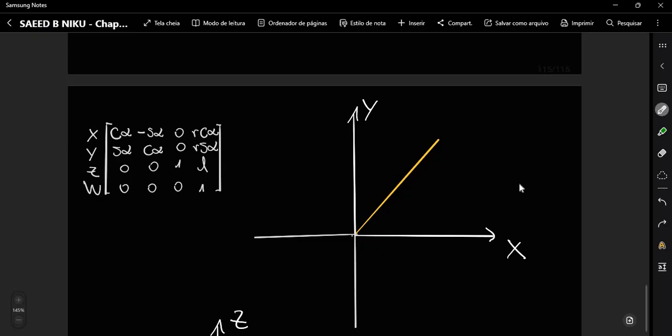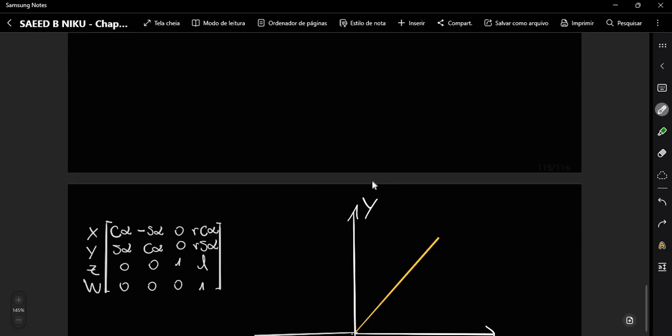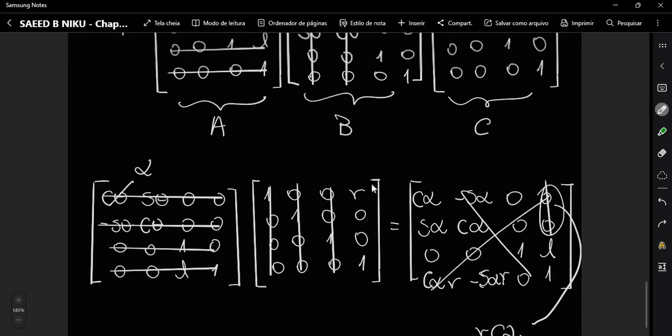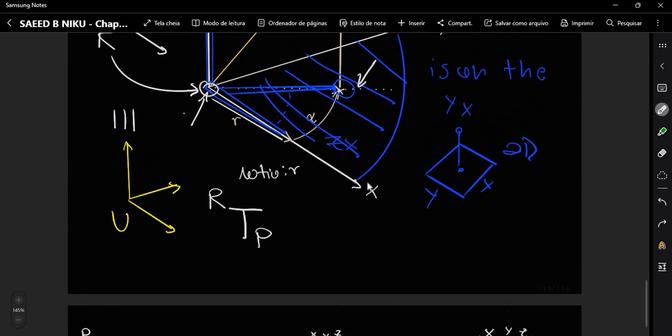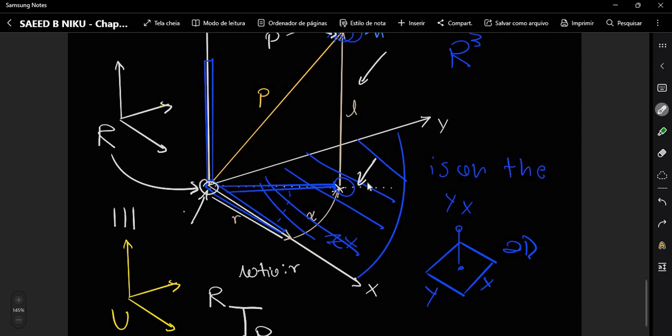But let's see. Let's say that is the, and as we also have this R, and this R is on the same direction. Look, it is on the same direction as the x, and at the same time above the x-axis.